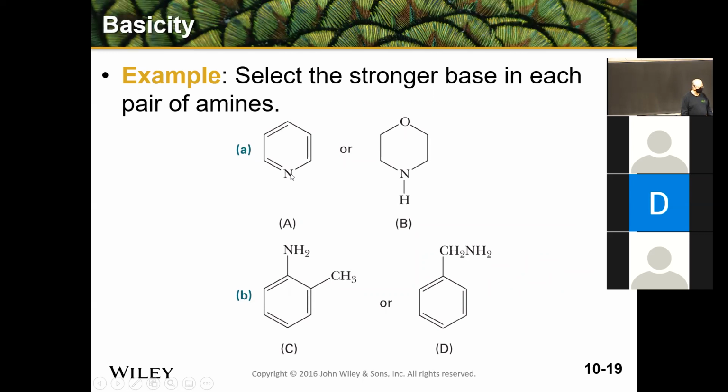Nitrogens that are sp2 hybridized, that is trigonal planar geometry, are going to be less basic than those that are sp3 hybridized. So the reason is hybridization. So morpholine is a stronger base.